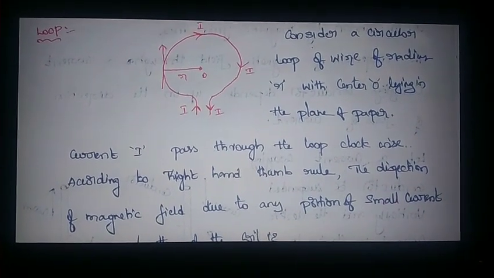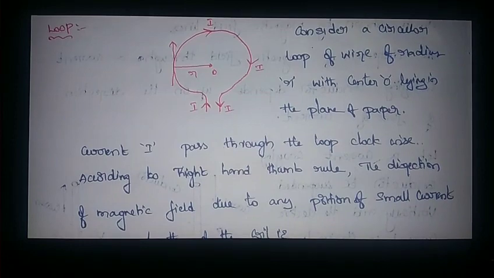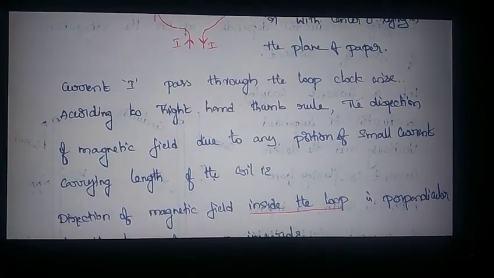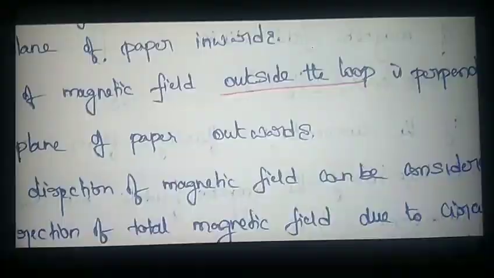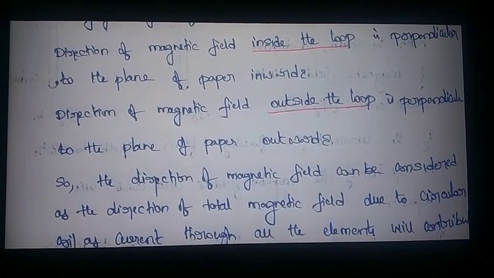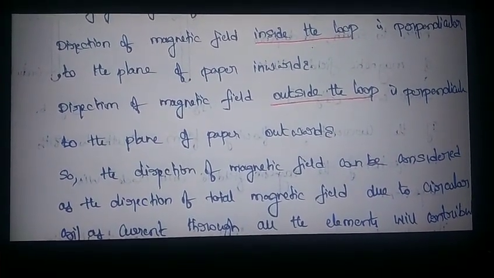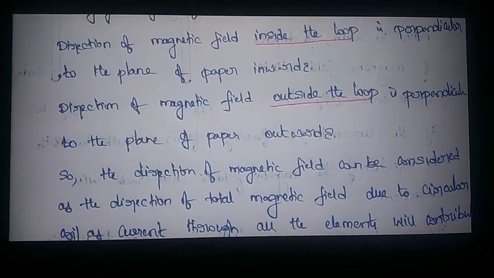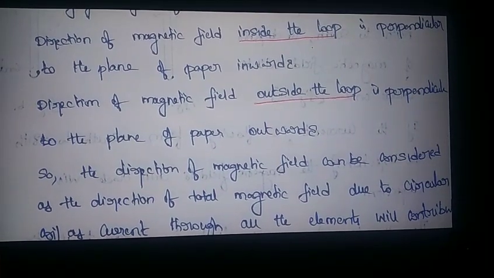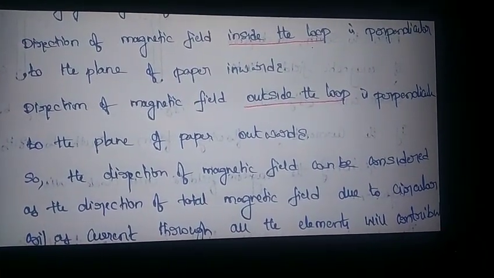So according to the right hand thumb rule, the direction of the magnetic field due to any small current-carrying length of the coil is as follows. The direction of the magnetic field inside the loop is perpendicular to the plane of the paper, inwards, and the direction of the magnetic field outside the loop is perpendicular to the plane of the paper, outwards.